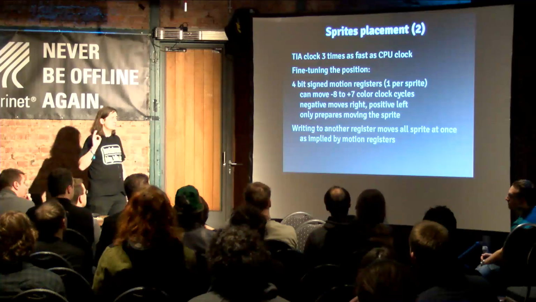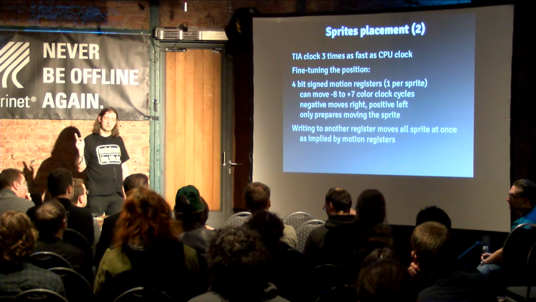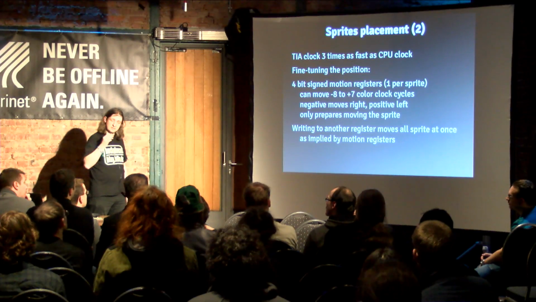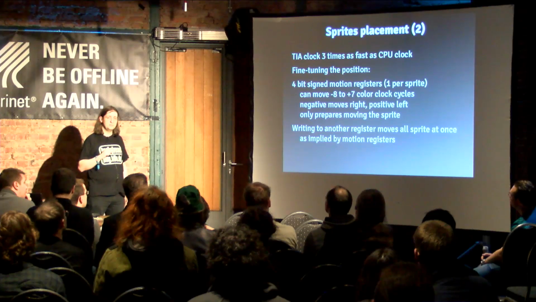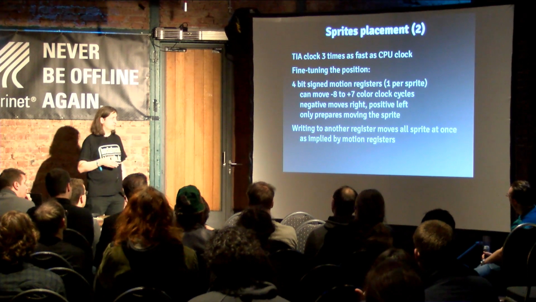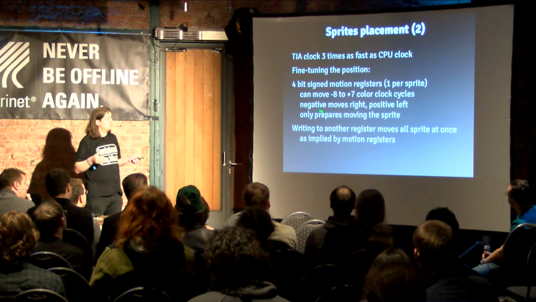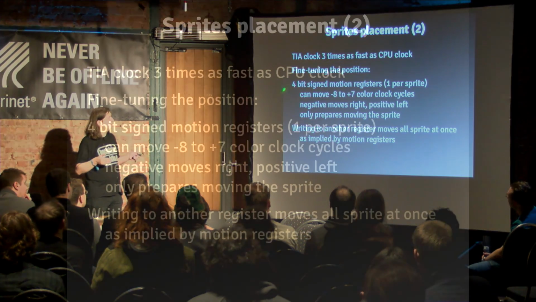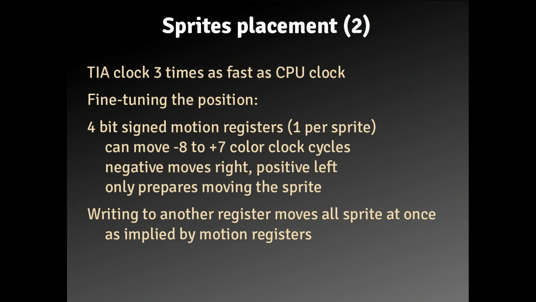Since the beam as it travels along is in the resolution three times as fast as the CPU, you cannot get it in between these cycles. So there is another thing you can do. You have a motion register, so you can move a sprite from 8 to 7 pixels in either direction, and negative values move to the right, which, if you think of the mathematical way of displaying numbers, is really odd.